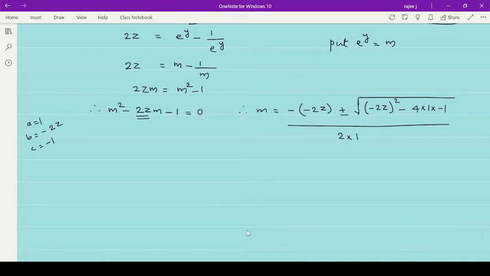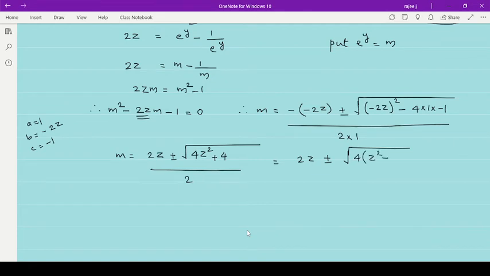Therefore m is equal to 2z plus or minus under root of 4z square, then minus minus becomes plus 4, divided by 2. Now 4 is common, so 2z plus or minus root of 4 into z square plus 1. Taking the 4 out of the square root, it becomes 2, so 2 into root of z square plus 1, divided by 2.